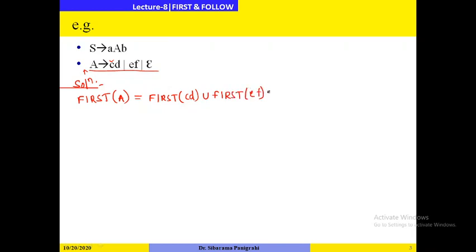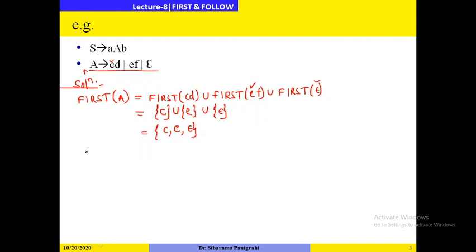Terminal means the terminal will be there in the First, so C will be there. Union First of EF: here also it has started with a terminal E, so you will have E in the First of EF. Union First of A gives epsilon means epsilon will be there. So First of A is nothing but C, E, epsilon.